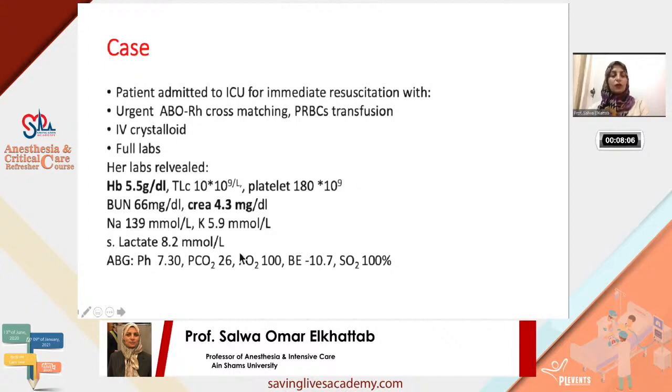Her renal functions were high, BUN 66 and creatinine 4.3 milligrams per deciliter. Electrolytes were okay, and her blood gases showed metabolic acidosis with pH 7.3, CO2 26, oxygenation okay, and base excess of minus 10.7, and her serum lactate was 8.2.